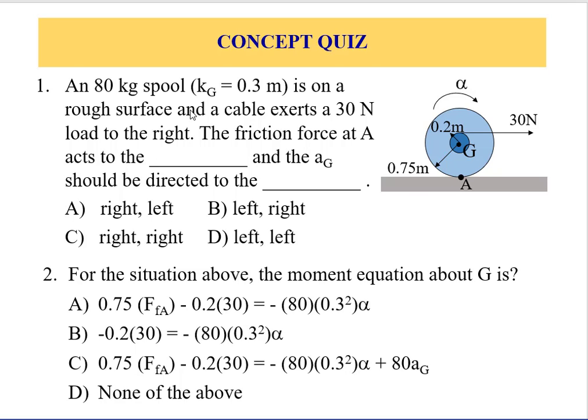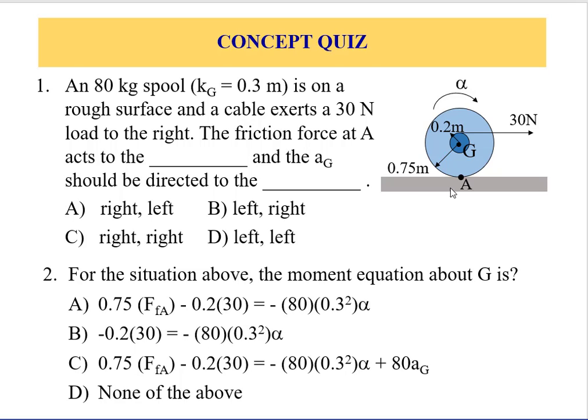Since the surface is rough and no information is given about how much the static friction is, and it's rolling, this has to be to the right. So both the friction force and the acceleration are to the right.